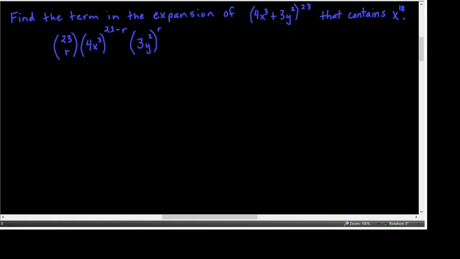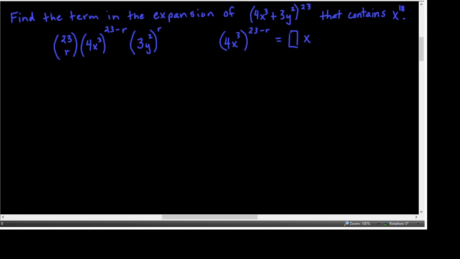And focusing in on the 4x cubed raised to the 23 minus r power, because we're looking for the power of x to be 18, that's why we're focusing on that part of the problem. That'll be some number, 4 to the 23 minus r, which I don't care what that is. But that will be x cubed to the 23 minus r.